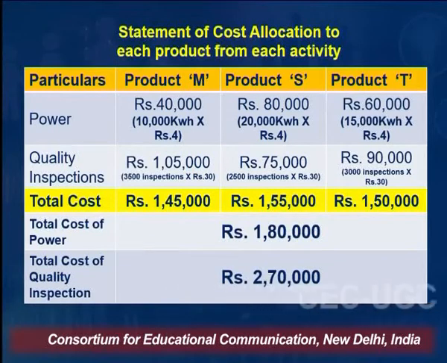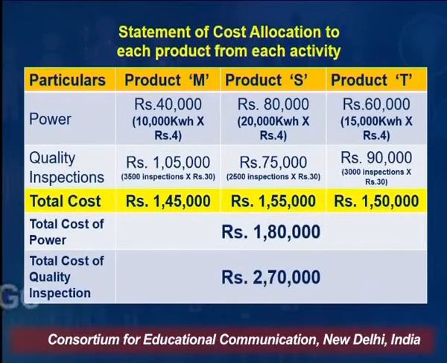For product M it is rupees 1,05,000, for product S rupees 75,000, and for product T rupees 90,000. So if we aggregate, we find the total overhead cost for each product, which is 1,45,000 for M, 1,55,000 for S, and for T it is 1,50,000.